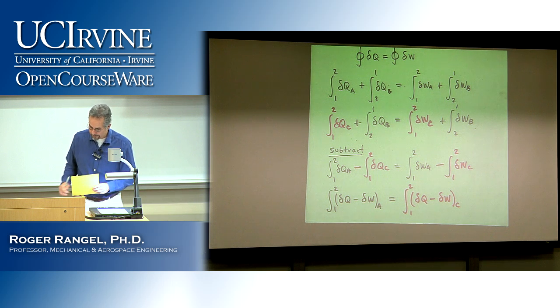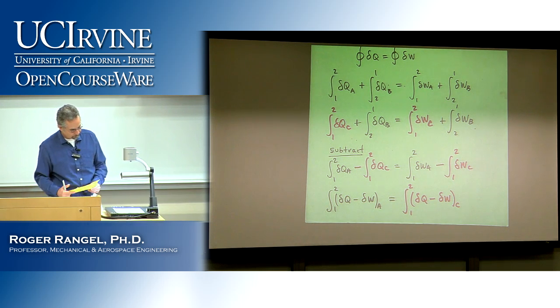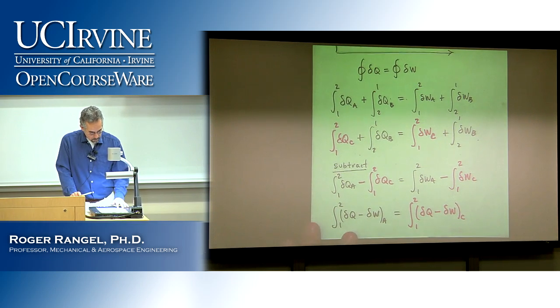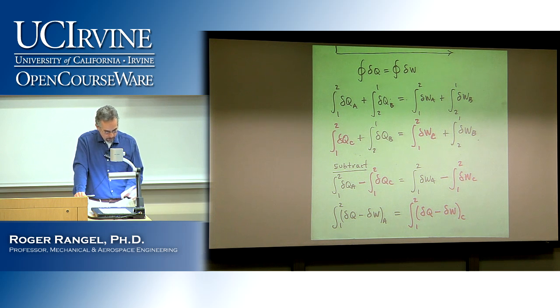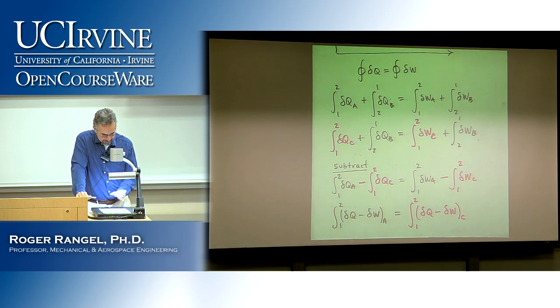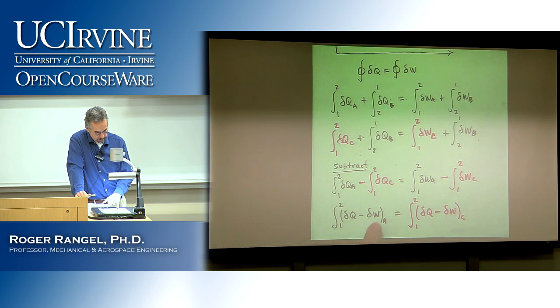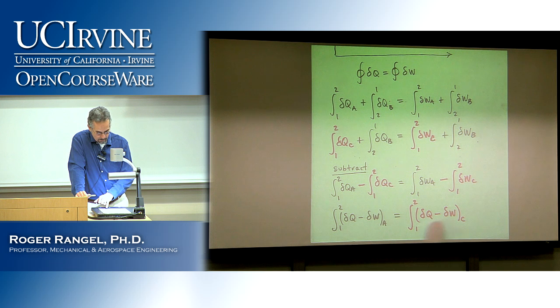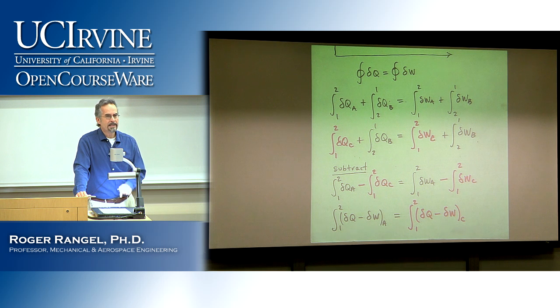And this is interesting because notice that both are integrals from 1 to 2, and the integrand is the same, right? dq minus dw, dq minus dw. The only thing that is different is the path. So what is the conclusion that I reach from this equation?